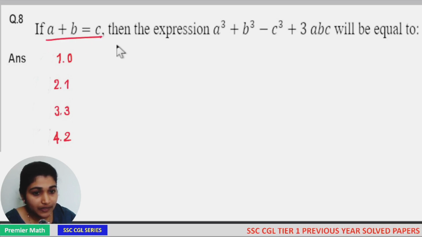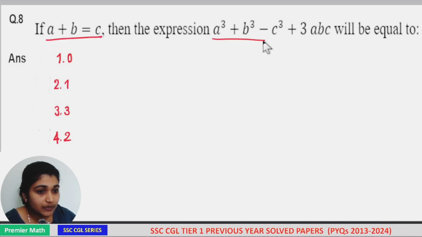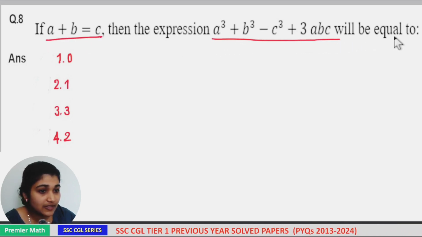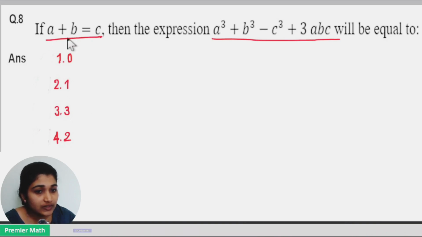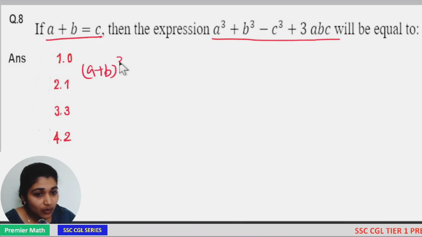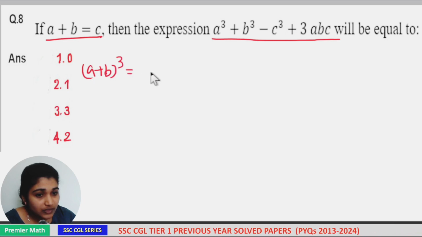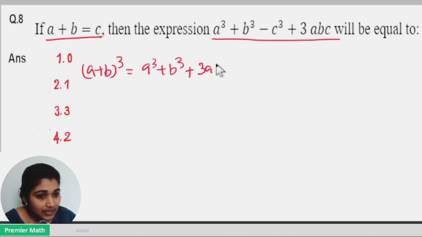If a plus b is c, then the expression a cube plus b cube minus c cube plus 3abc will be equal to. Here just take a plus b the whole cube. Here a plus b the whole cube means c cube. If you expand it, a plus b the whole cube is equal to a cube plus b cube plus 3ab into a plus b.